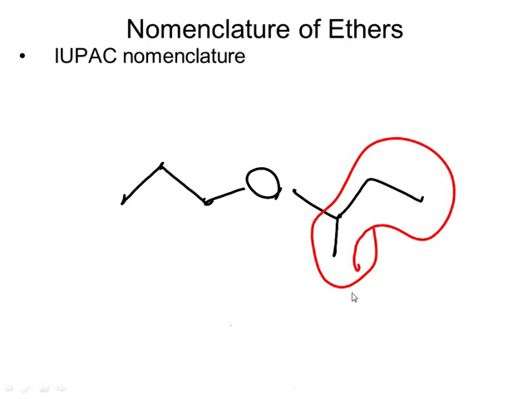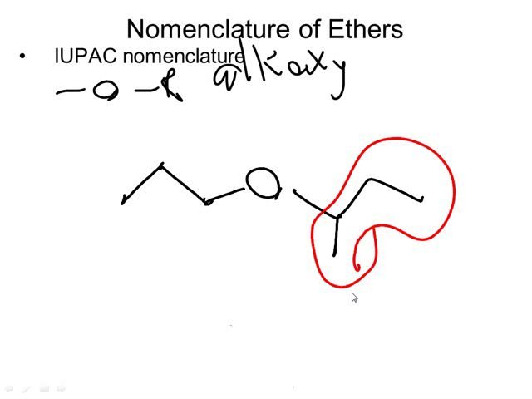I'm going to number closest to the alkoxy group. An OR group is called an alkoxy group in general. Alkane oxy is where that's coming from. So I'm going to number the longest chain closest to the end with the alkoxy group substituent: 1, 2, 3, 4. That means my alkoxy group is on carbon number 2.